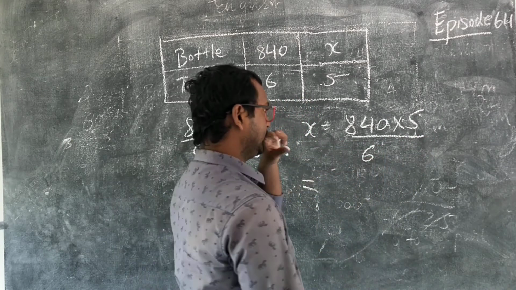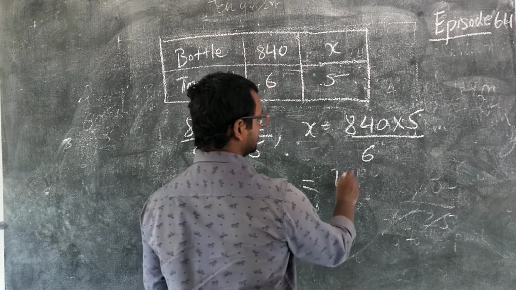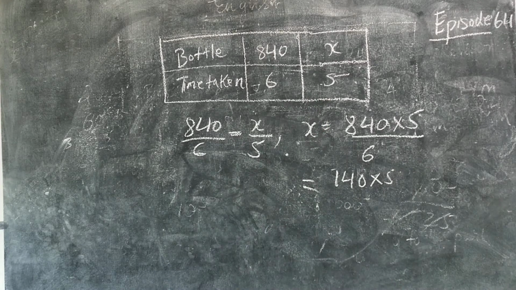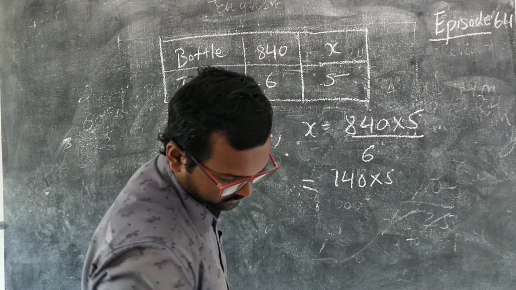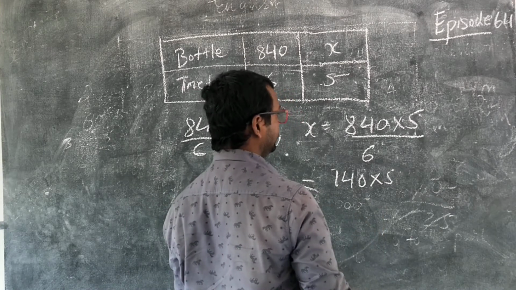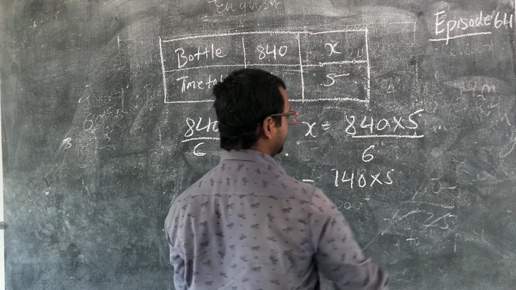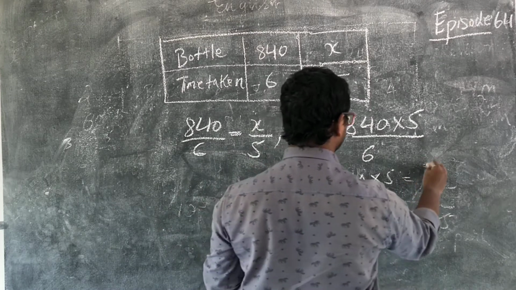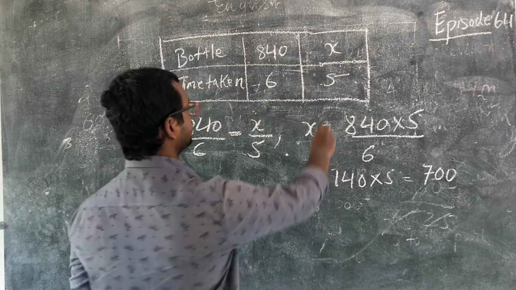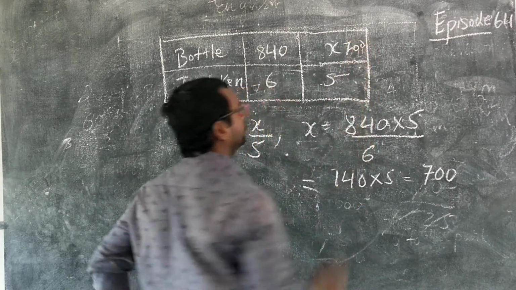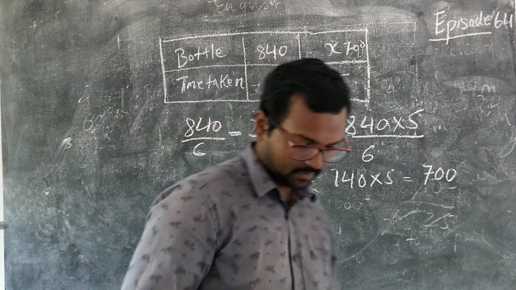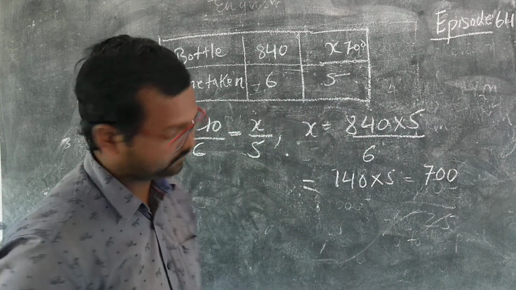If we divide 840 by 6, we will get 140. 140 into 5 is equal to 700. So 700 bottles will be filled in 5 hours.